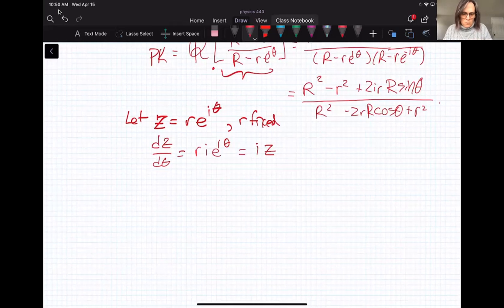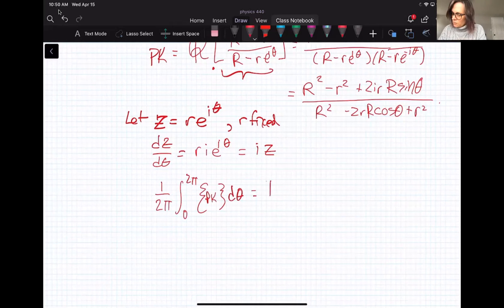which means that we can go back to that integral, and that's 1 over 2 pi from 0 to 2 pi of that original form of the Poisson kernel, d theta.